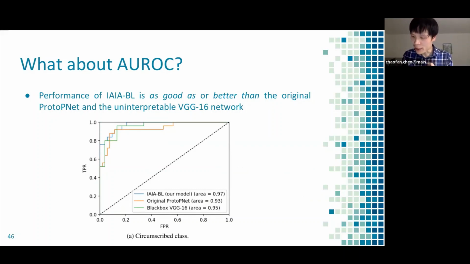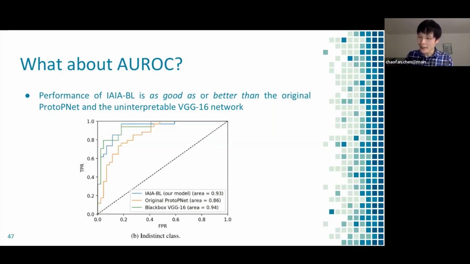This ROC curve here is for the circumscribed margin class, and for this class our IAIBL has the highest test AUROC. And this is another class, the indistinct margin class. In this case, our IAIBL has comparable AUROC with the black box VGG16, and it's better than the original ProtoPNet.